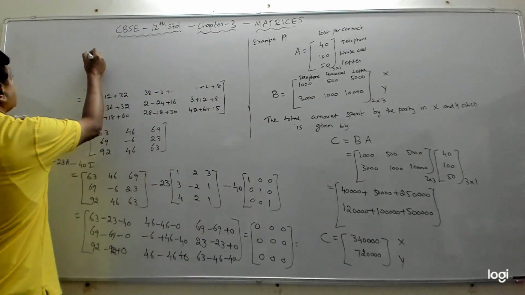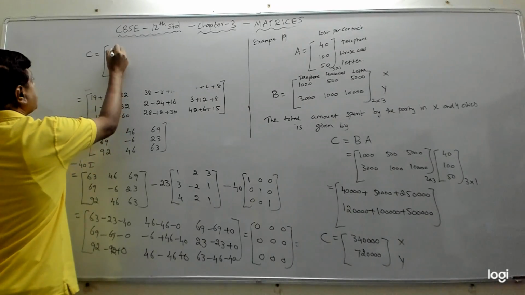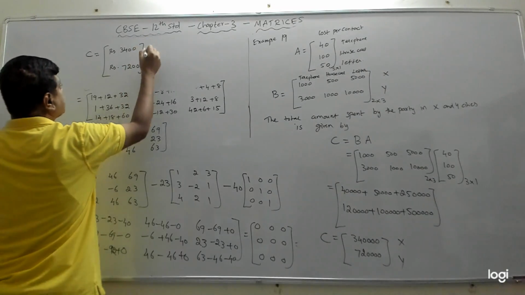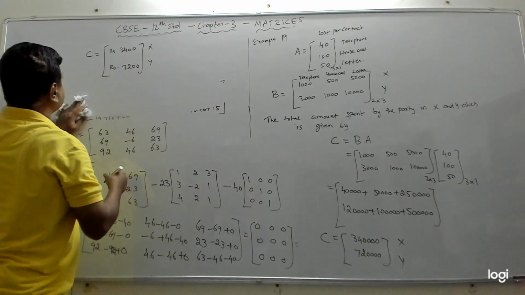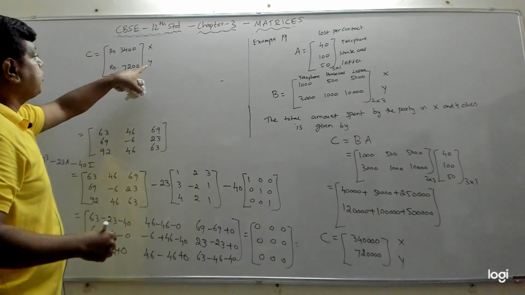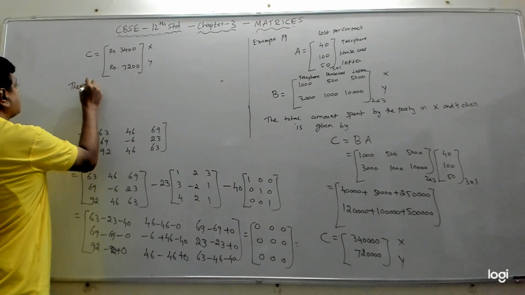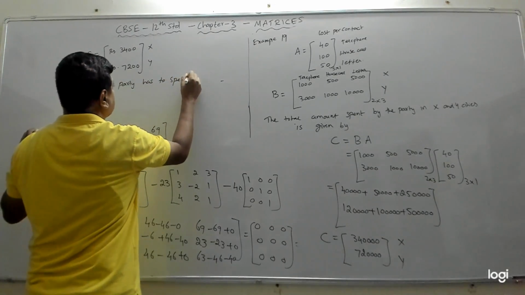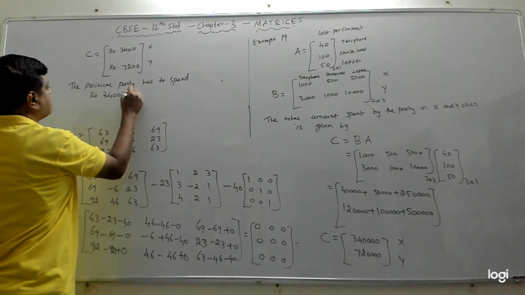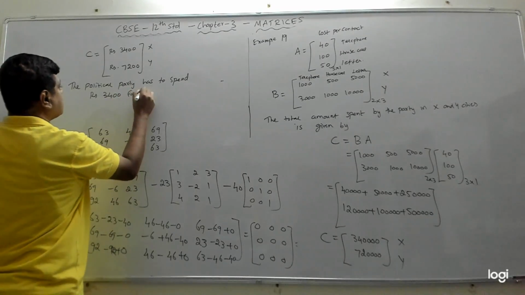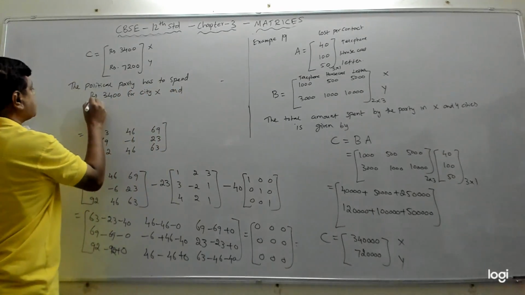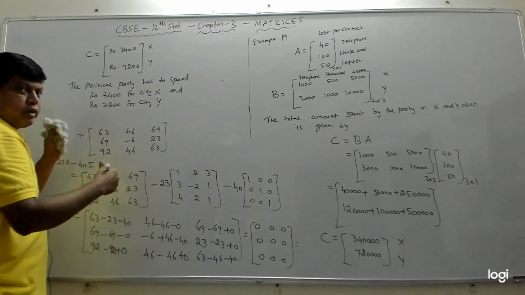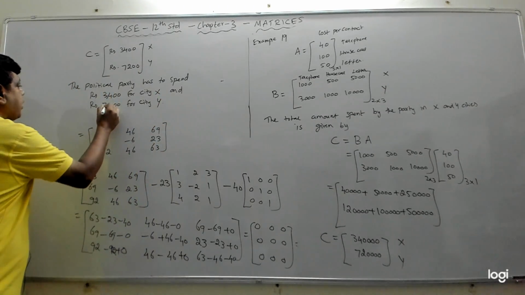C is equal to 3,400 rupees and 7,200 rupees, for city X and city Y. So the political party has to spend rupees 3,400 for city X and rupees 7,200 for city Y to promote its candidate. So this is the amount that the party has to spend.